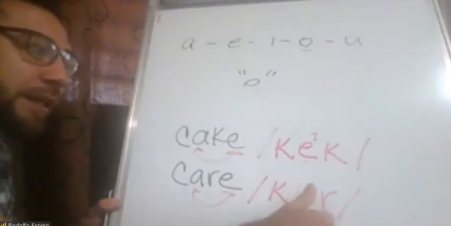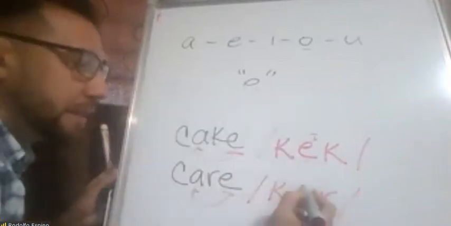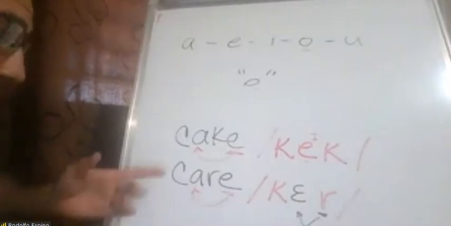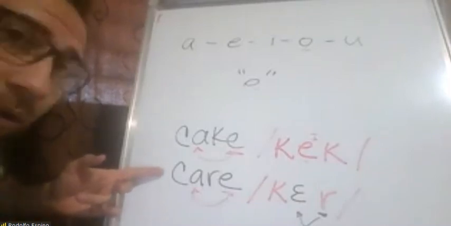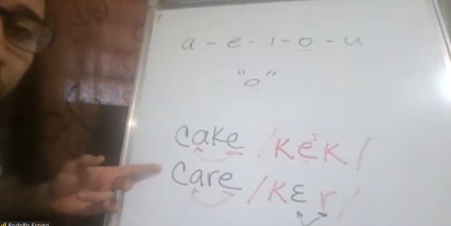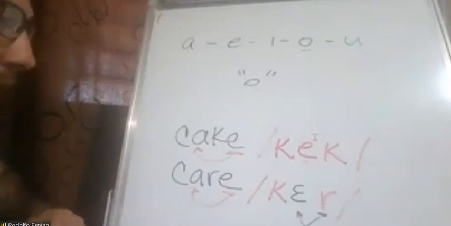So in this case, the sound that you will replace it with is the lax E. Okay? That's why this word is not pronounced care, but care. Okay? Any questions?